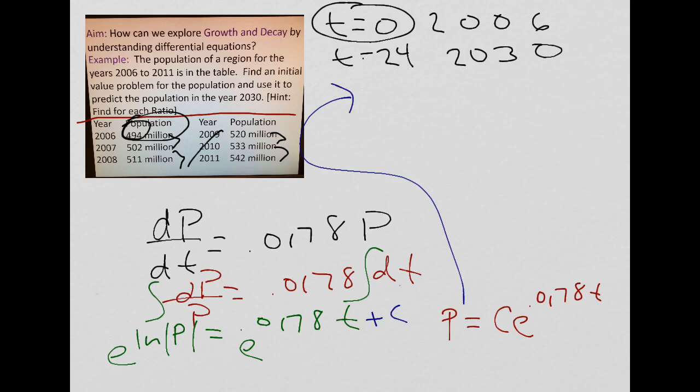You've seen problems where we used all the zeros. Now I'm just using that it would be in millions of people. Don't worry, it will be expressed very similar. So if P is equal to 494 and t is equal to 0, then obviously C is also 494.